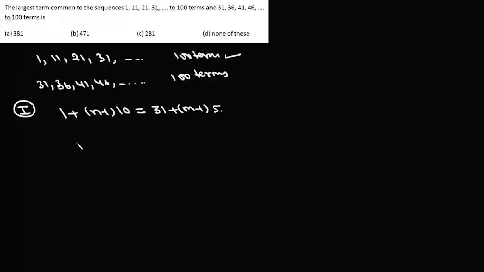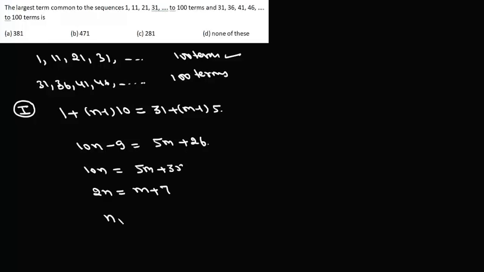Now this is 10n minus 9, and this is 5m plus 26. I will take this 9 here, so this 10n is 5m plus 35. We can cancel 5, so we can write 2n equals m plus 7. So n will be equal to m plus 7 by 2.